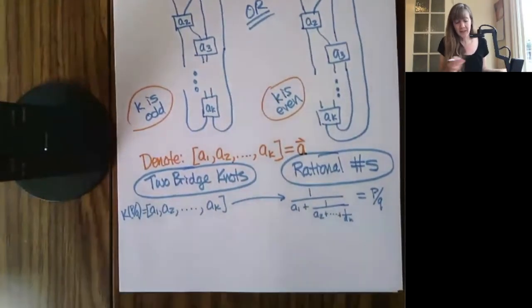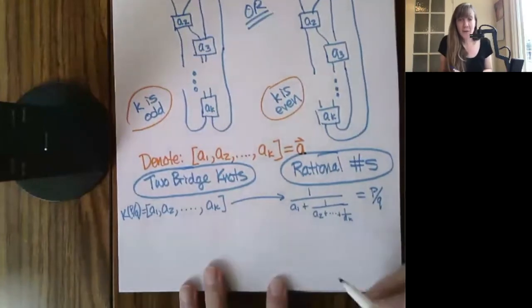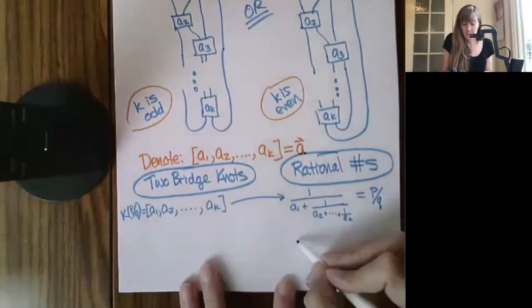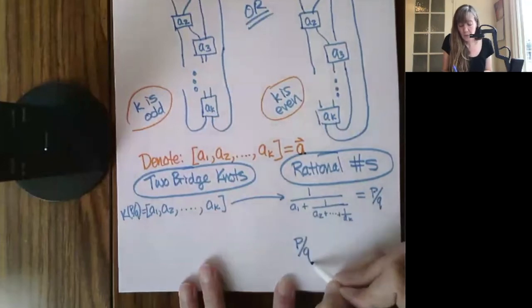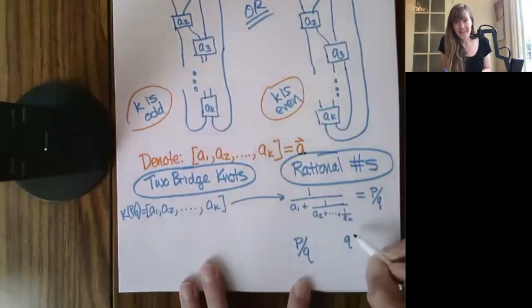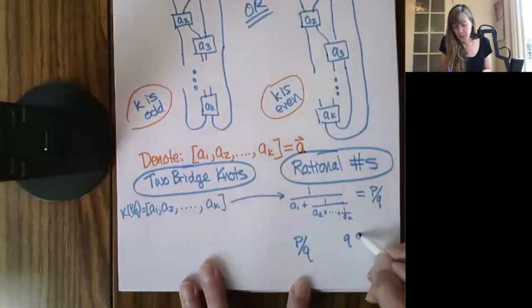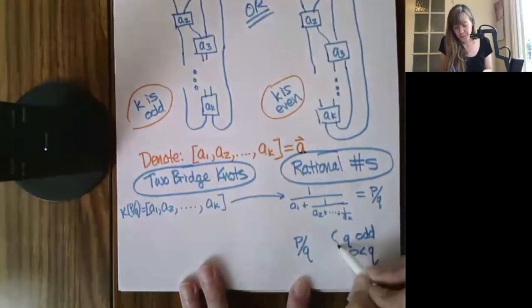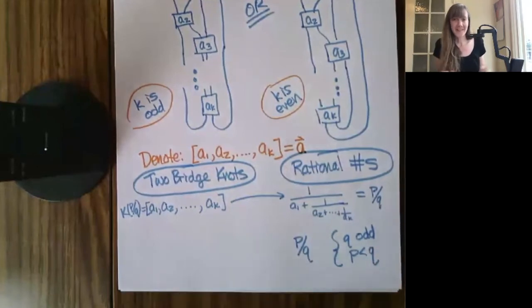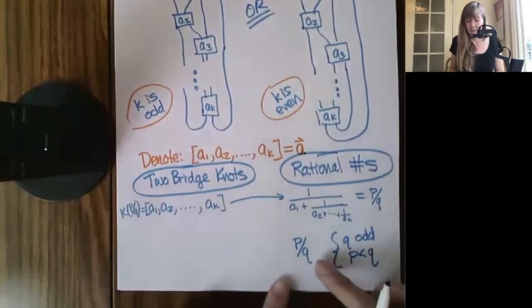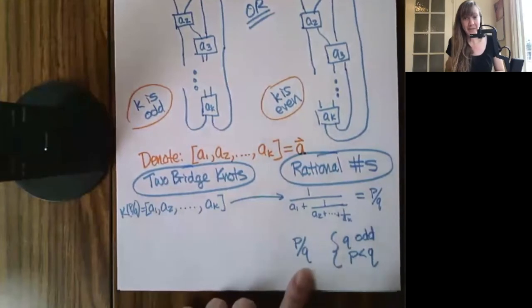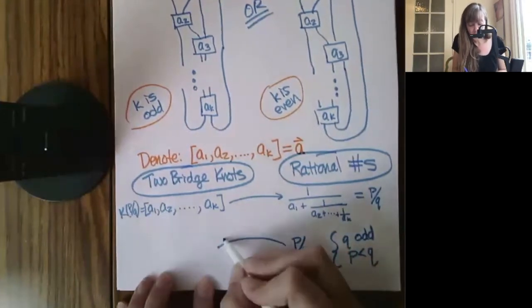Okay, and then the reverse direction goes along as well. If you have a fraction, and Q has to be odd in order to get a knot, and P less than Q, and take it to be relatively prime, then if you take a continued fraction expansion for P over Q, that will determine a knot.